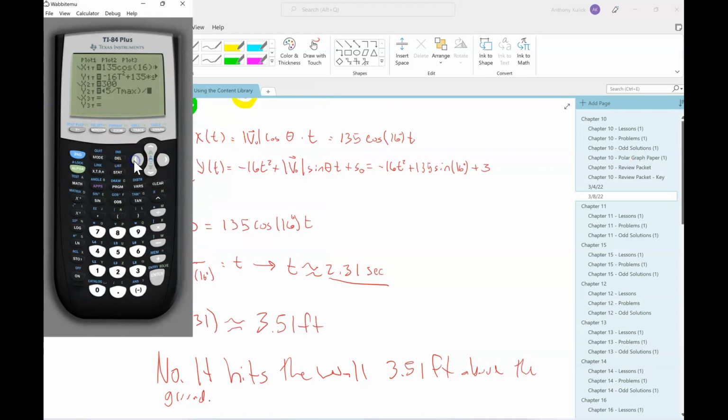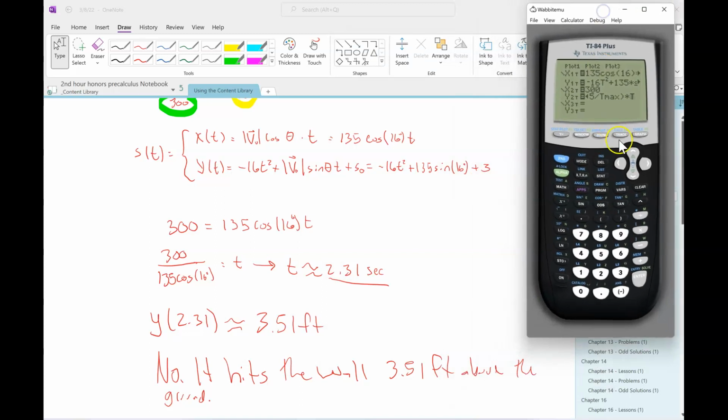All right. If I graph now, there's my wall. Whoop. So if I go in and let's change this one to just be the little tracer. Here's the baseball.